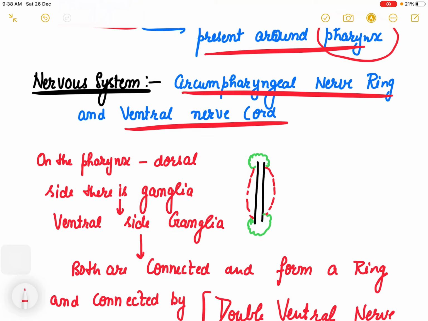Now try to understand that if this is the pharynx, then one ganglion is sitting at the dorsal side, and one ganglion is present here on the ventral side. So they are connected with the help of a nerve cord, right? So there are two ganglions which are connected with the help of a nerve cord.